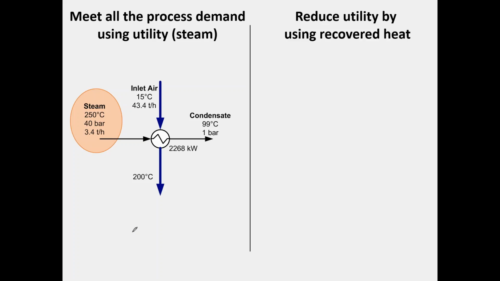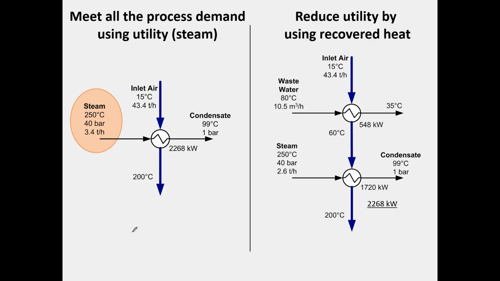The other option is if we have some other stream that needs to be cooled, maybe a waste stream, for example, then we could supply some of that, or maybe all of that demand with recovered heat.